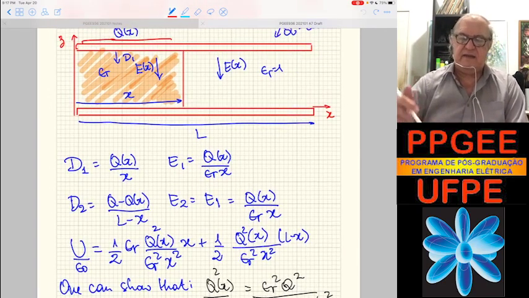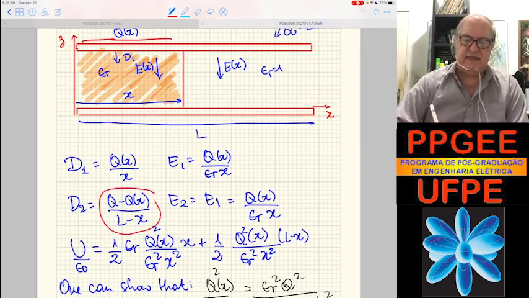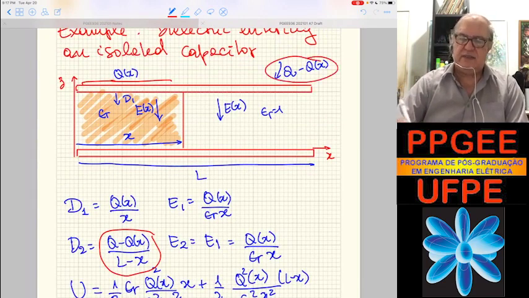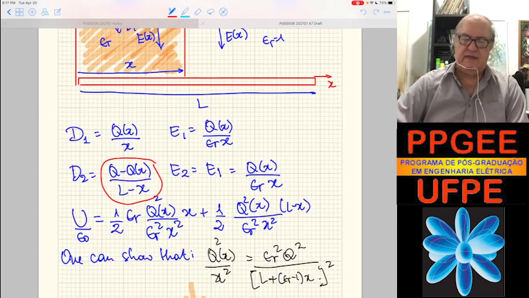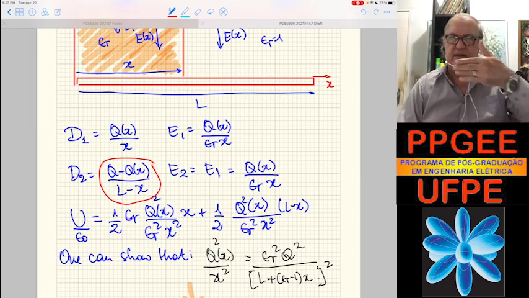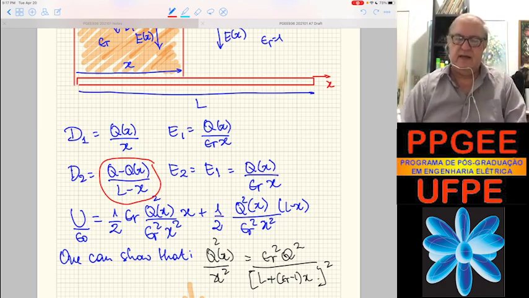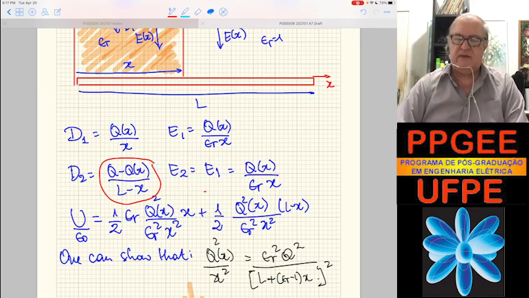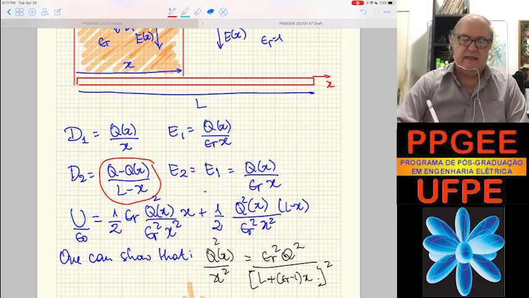On the other hand, the flux density on the vacuum is going to be the charge over the area, which is now L minus X, divided by L minus X times 1, which is the width along the y direction. But because E2 equals E1, the field on the vacuum is the same. Qx is the same. The D changes, but not E, right?